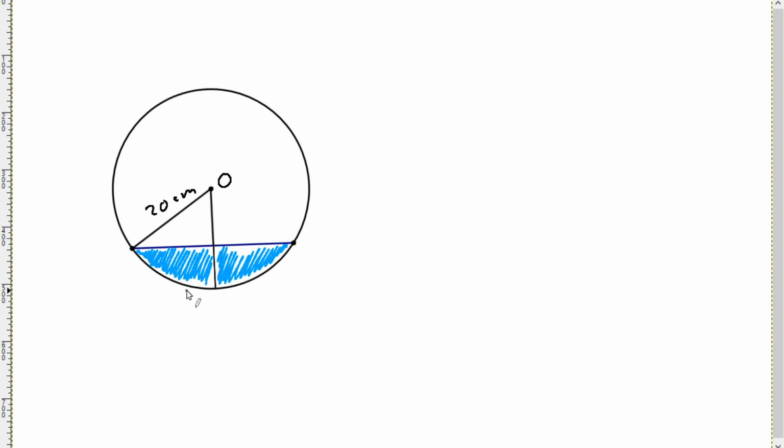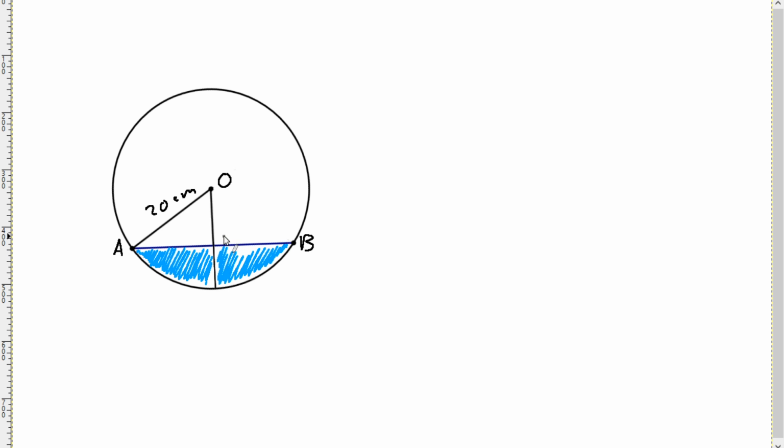The surface of the water, AB, is 24 centimeters wide. So this is A, this is B. Determine the maximum depth of the water, which is the depth CD.